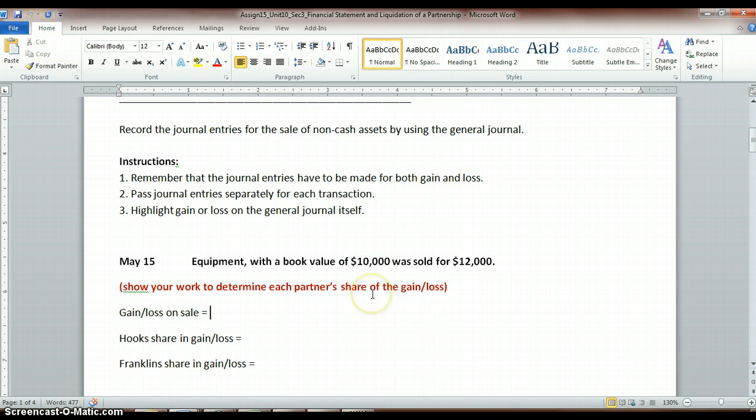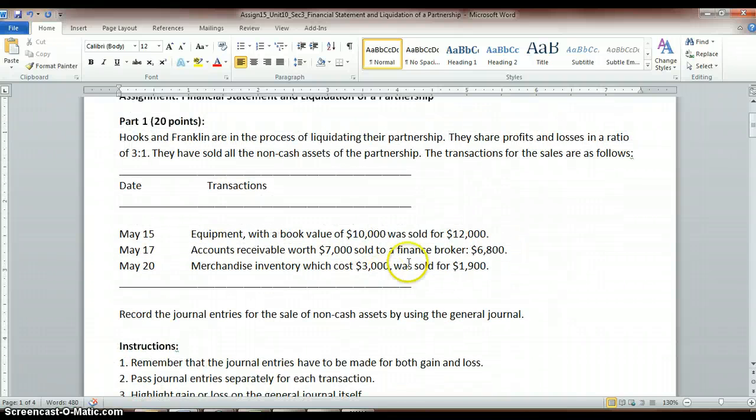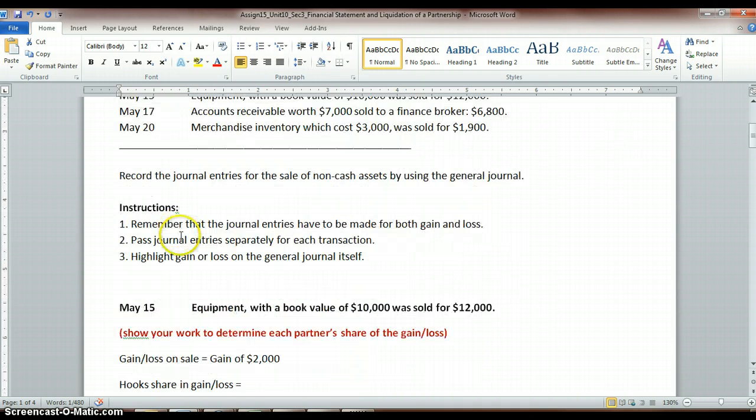And so in this instance, since we sold it for more, we have a gain of $2,000. And then we need to calculate Hook's share in this gain or loss. So up here we see that they have a profit ratio of 3-to-1. Since Hooks is named first and Franklin's named second, we're going to assume that this 3 goes with Hooks and this 1 goes with Franklin.